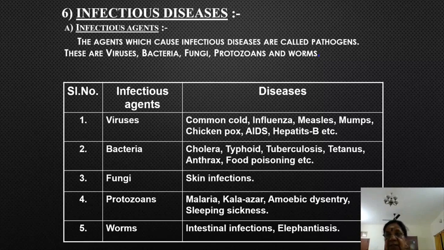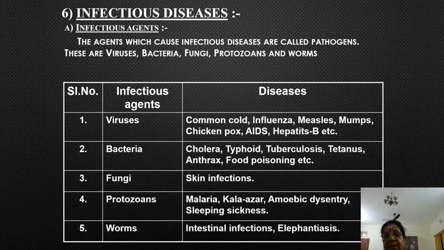Whereas bacterial diseases are cholera, typhoid, tuberculosis, tetanus, anthrax and food poisoning. Normally for viruses, there are 100 different viruses present. Cholera is caused by Vibrio cholerae. Typhoid is caused by Salmonella typhi.